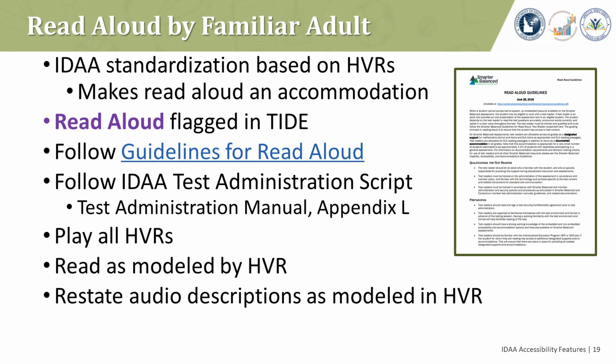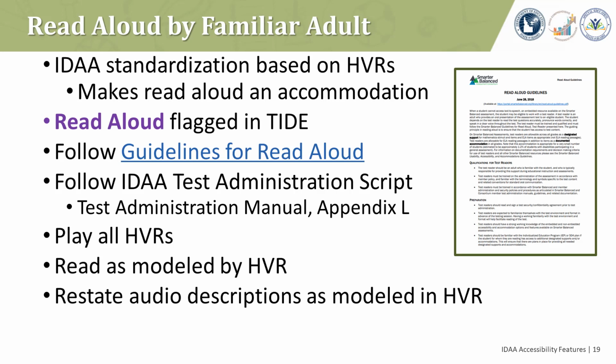If you administered the Idaho Alternate Assessment in ELA or math in the past, you may remember reading the entire test aloud to a student based on the DTAs. Now that we have the HVRs and a more standardized way to administer the Idaho Alternate Assessment, a student needs to have a Read Aloud IEP test accommodation to have the test read aloud by a familiar adult.